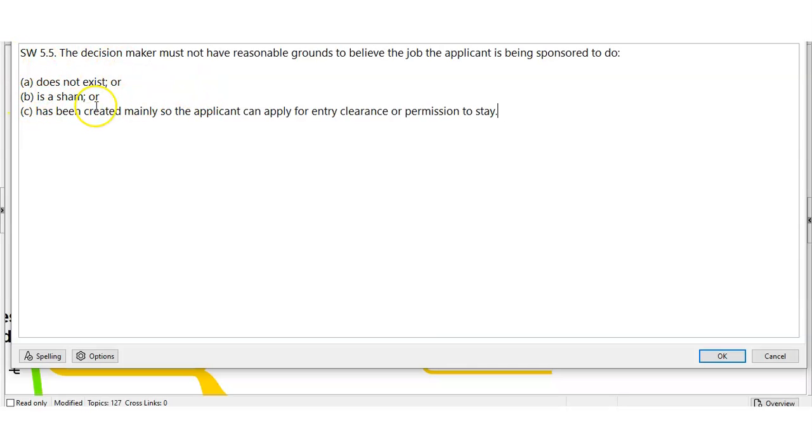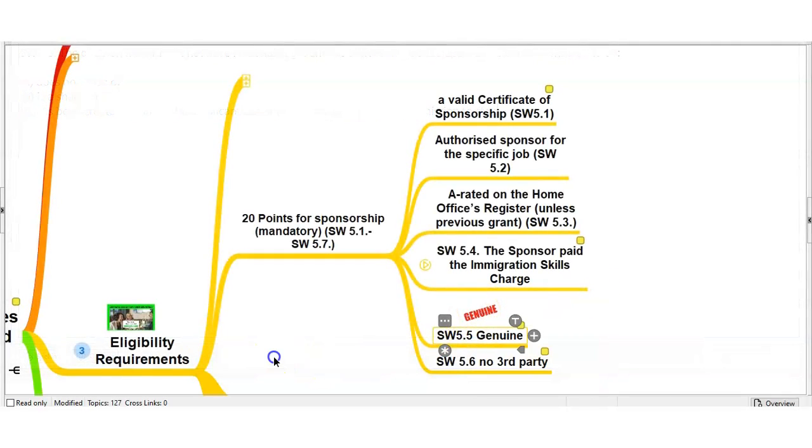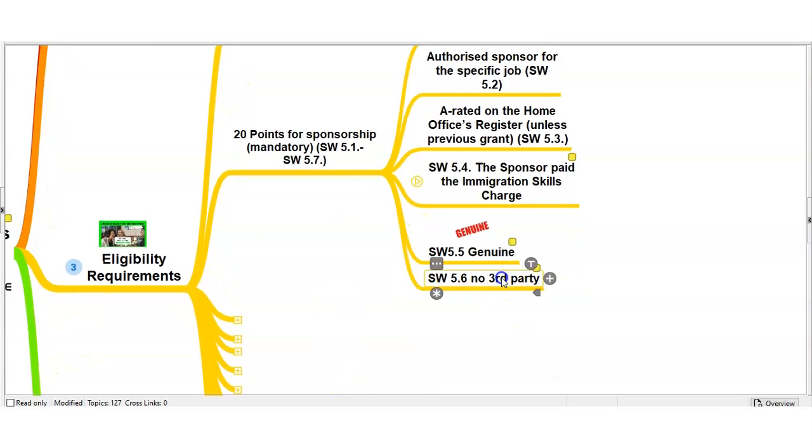Basically, these three provisions can be combined in one. So they want to make sure that there is a genuine need for this person to work here in the UK.